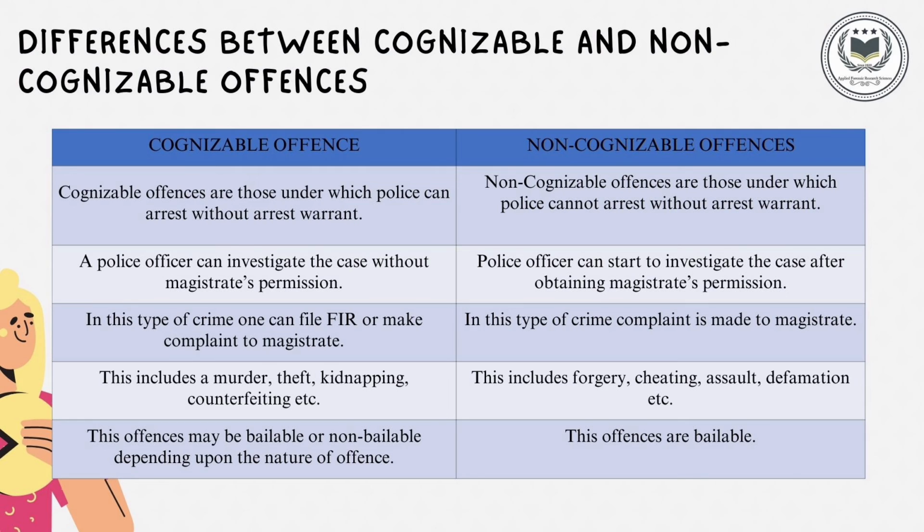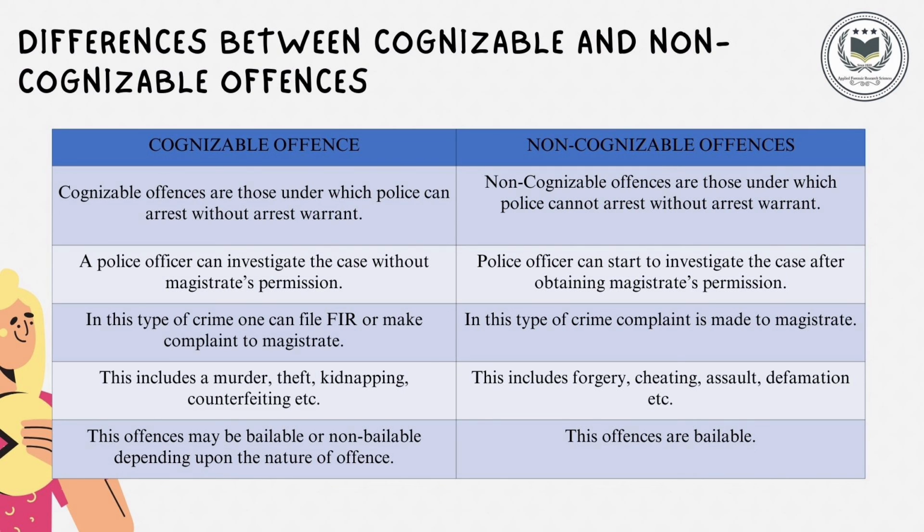Section 154 of CRPC defines the criminal laws related to the cognizable offences, and Section 155 CRPC defines the civil law in case of non-cognizable offences. In cognizable offences, one has to file FIR to make complaint to the magistrate.